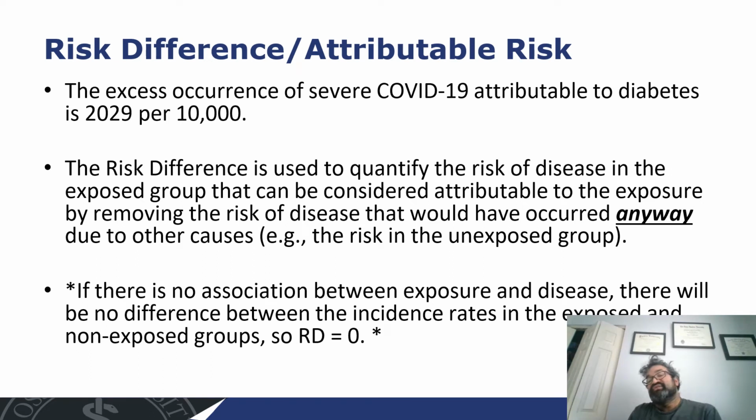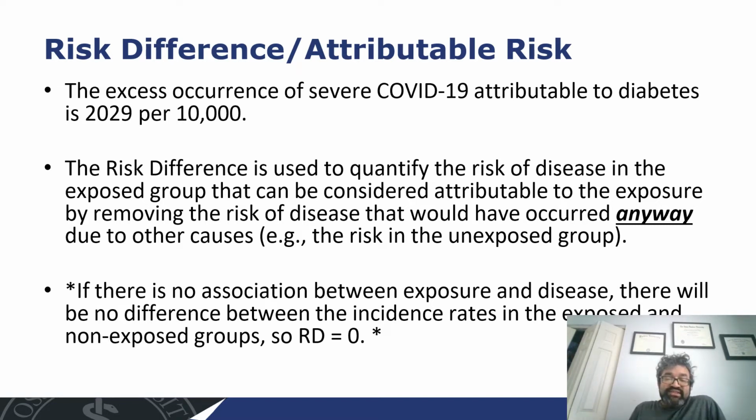Now the risk difference or attributable risk, the excess occurrence of severe COVID-19 attributable to diabetes is 2029 per 10,000. So if people did not have diabetes versus people that did, 2029 per 10,000.